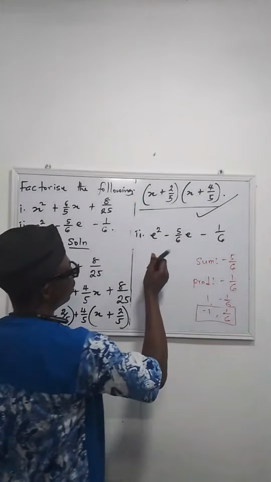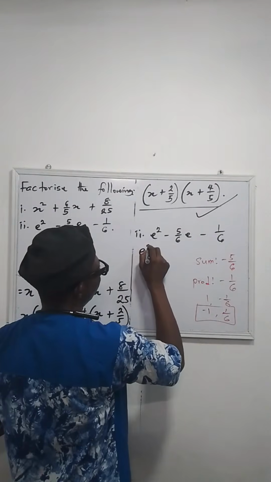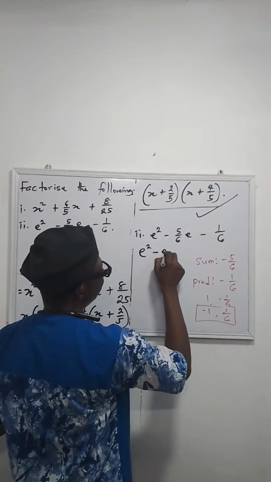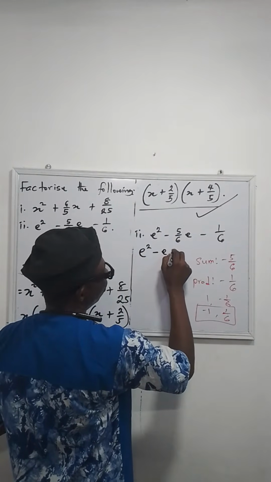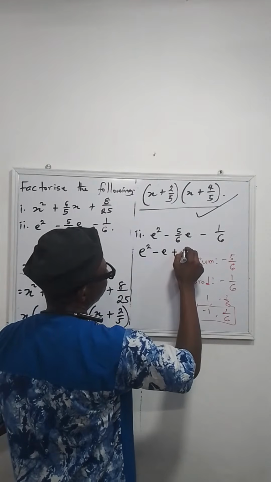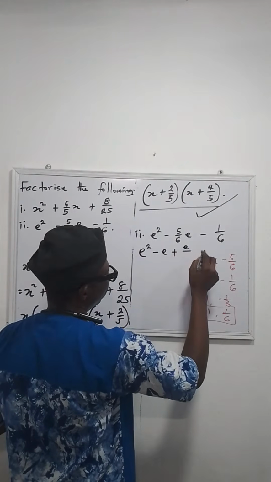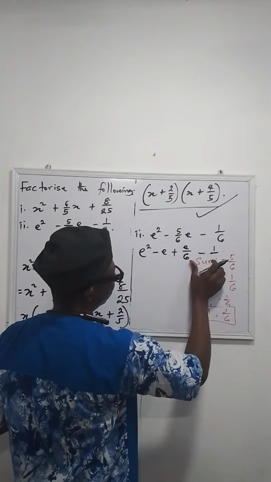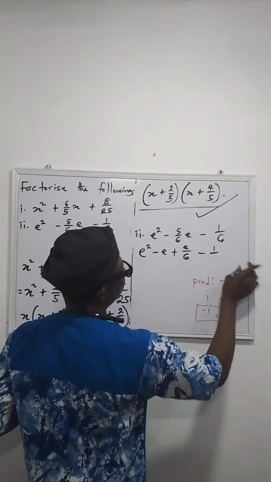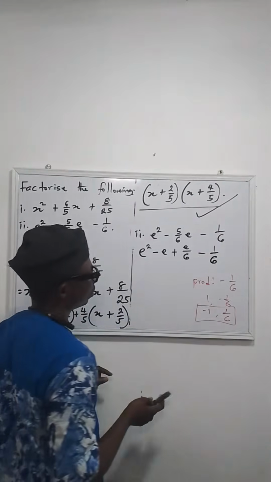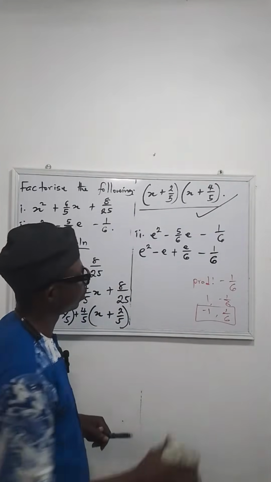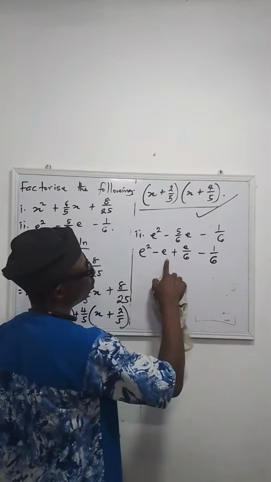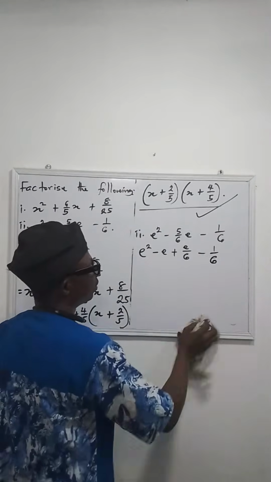This returns to e squared minus e plus e/6 minus 1/6. When you add these two middle terms together, you have what we have there.